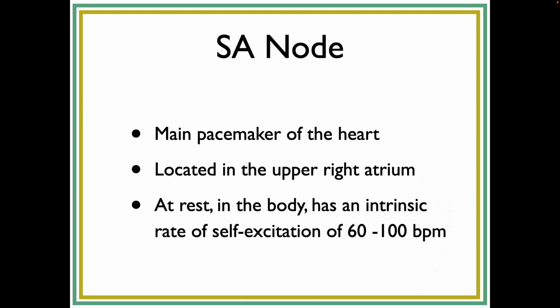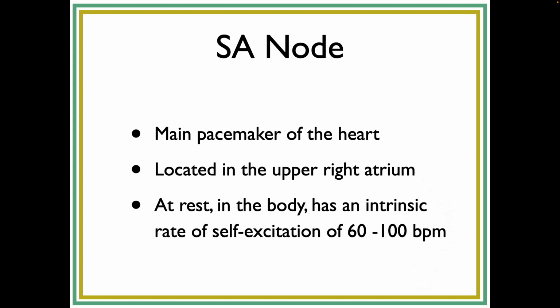When we talk about pacemaker cells, they have a quality of self-excitation, which means that just sitting around, they will all of a sudden throw out an electrical impulse, okay? And that's what the pacemaker cells do.